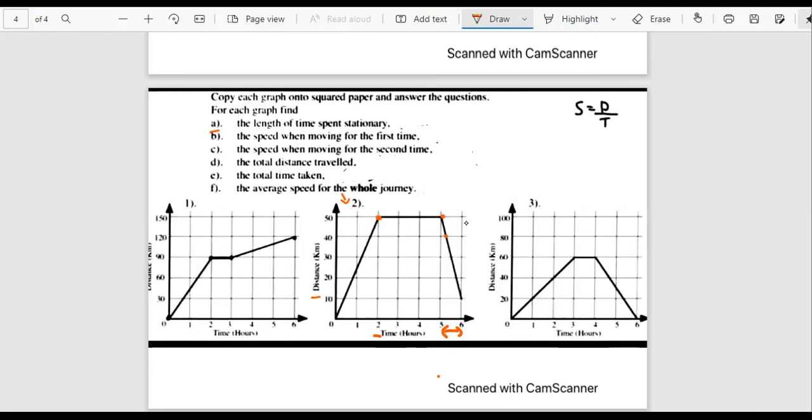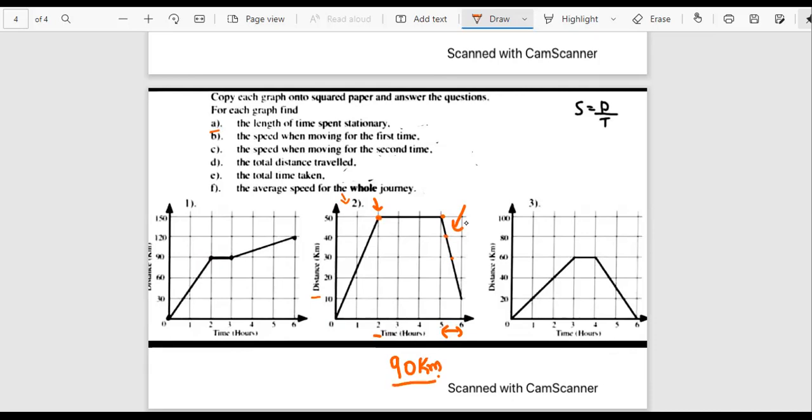So think about it this way: you go out with your family to an ice cream parlor, you reach there, and at this time the distance is constant because from 2 to 5, like for 3 hours, you're staying there, you eat ice cream, you do whatever you want to, and then you go back. So this is the distance for the journey back. So this is 10, 20, 30, 40. Very good. So initially we traveled 50 and then for going back we traveled 40. So that would be 50 plus 40, that is 90 kilometers. Right, that is good.